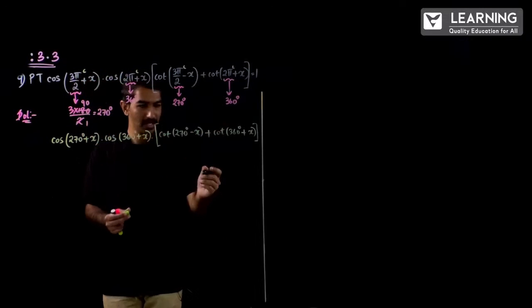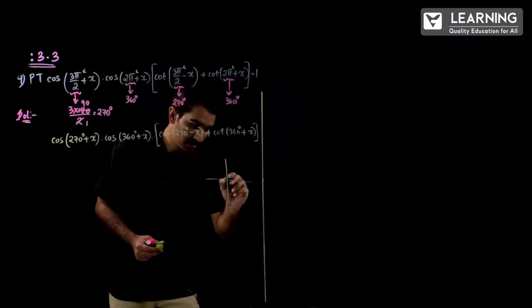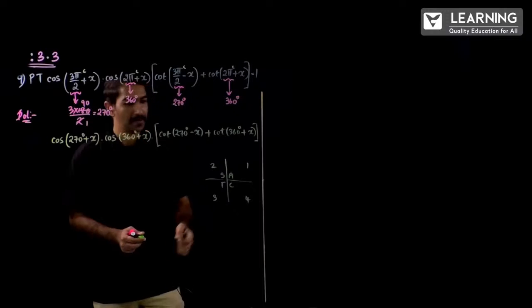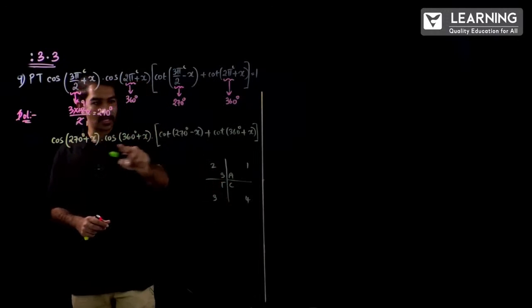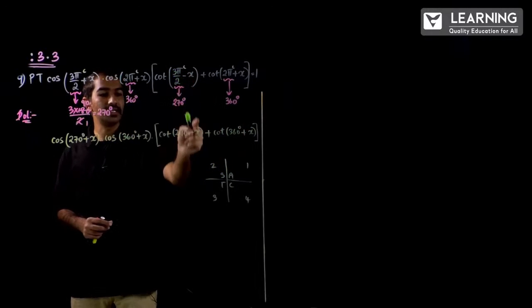After the first step, here we'll write the ASTC rule, very short and small: A, S, T, C, 1, 2, 3, 4. Keep that aside, just to solve this. The very first step is conversion of radians into degrees.